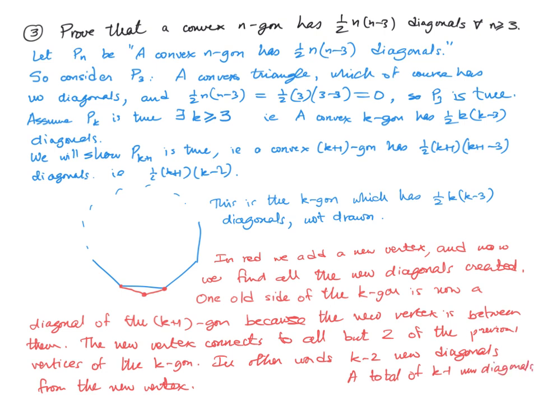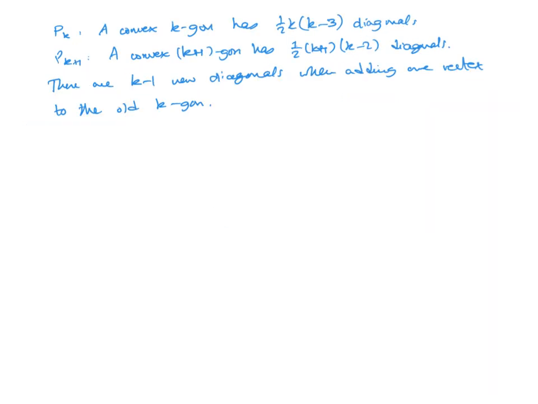All right, so I'm going to go to the next page. I've summarized the information I needed from the previous page, which was the convex k-gon had 1/2 k(k minus 3) diagonals. That's what we assumed. A convex k plus 1 gon has 1/2 (k plus 1)(k minus 2) diagonals. That's what we're trying to prove. And we have now found k minus 1 new diagonals when adding one vertex to the old k-gon.